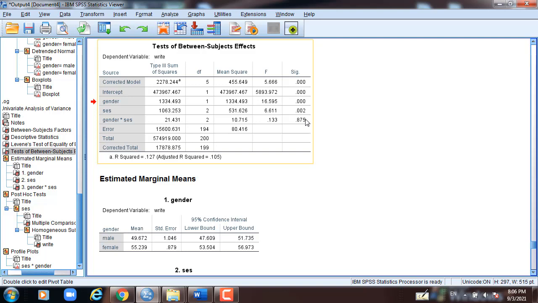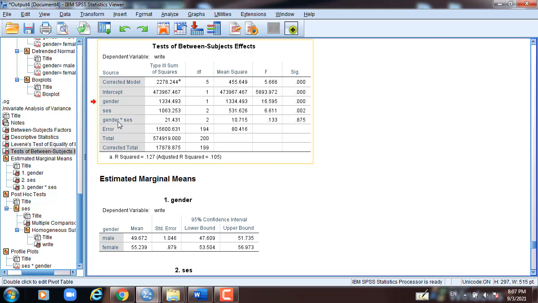Then we can see in the table above that there was a significant difference between gender, which is significant, 0.00, which is less than 5%, and then there was a significant difference between SES, which is less than 5%, and the interaction, as you can see here, which is not statistically significant.